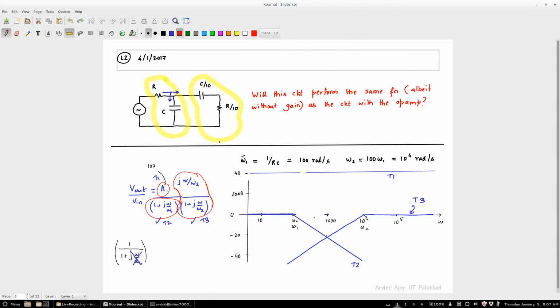No, that's wrong. That's wrong. Siddharth, come correct this. Where's the eraser?